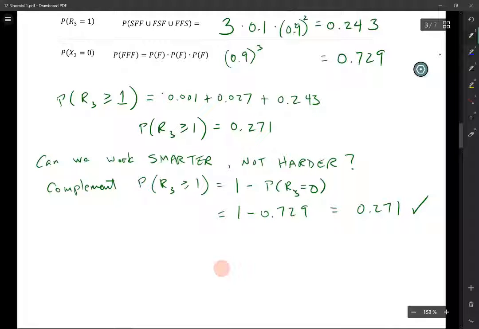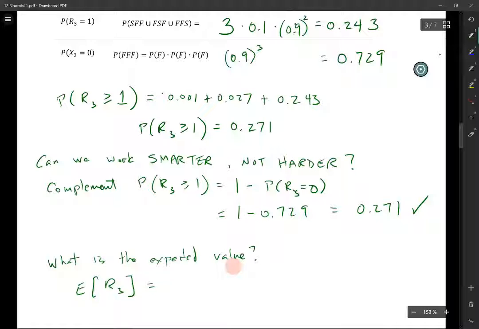So now the last question is, what is the expected value? So we want to know E of R3, right?